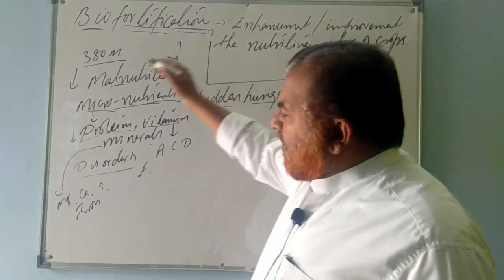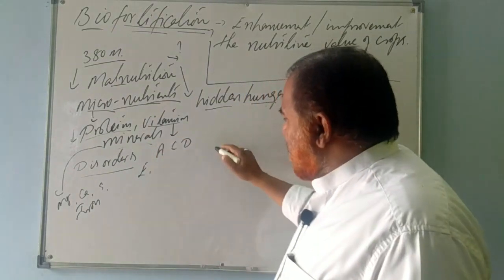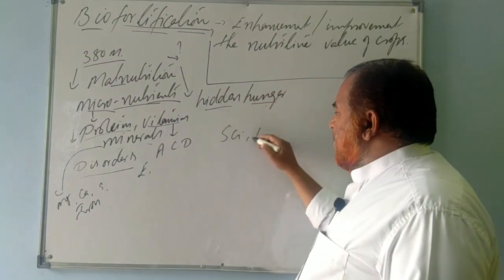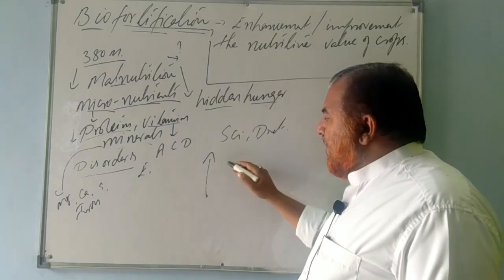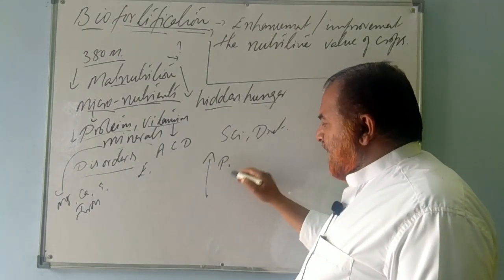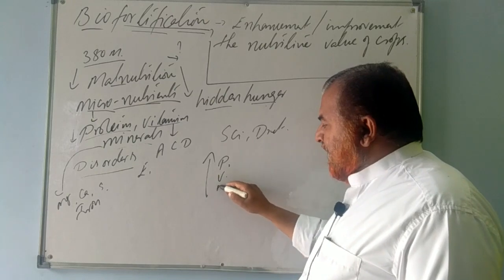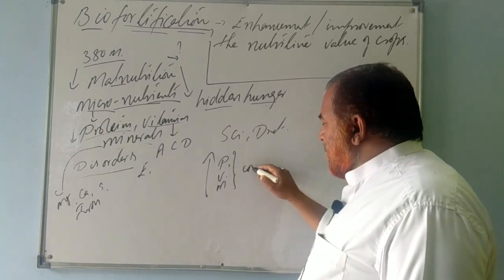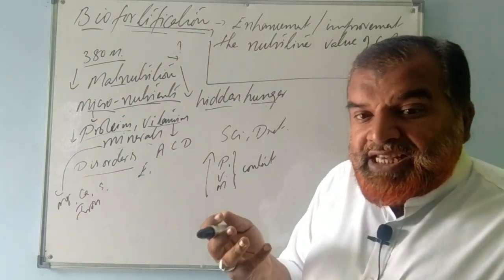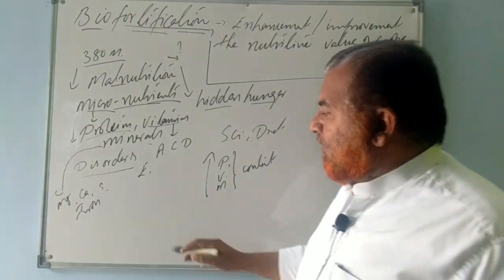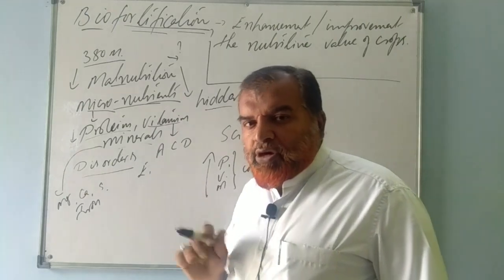To overcome all these problems, scientists thought of increasing the nutritive value. Why can't we increase the protein content, vitamin content, mineral content in the normal crops, which are easily affordable by an average family, a poor family?